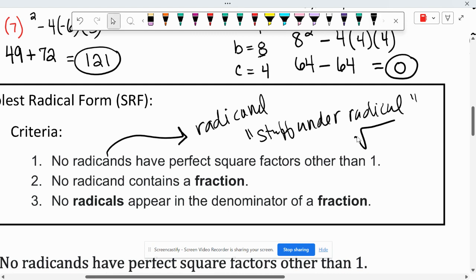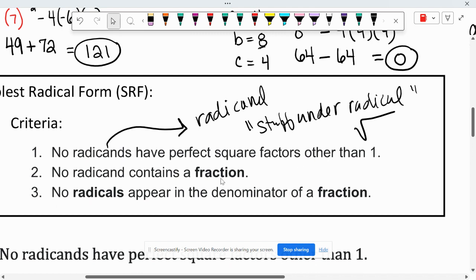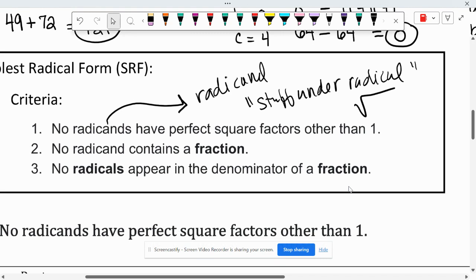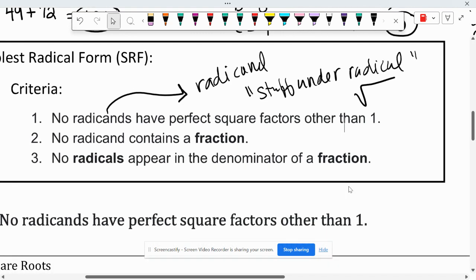You cannot have a fraction in a radical, meaning you've got to simplify it. And you cannot have radicals that appear in the denominator. So we're going to start off slow, and your times table is going to be helpful.